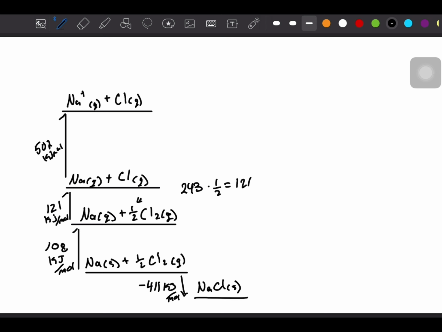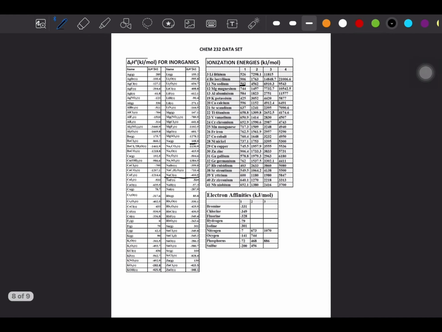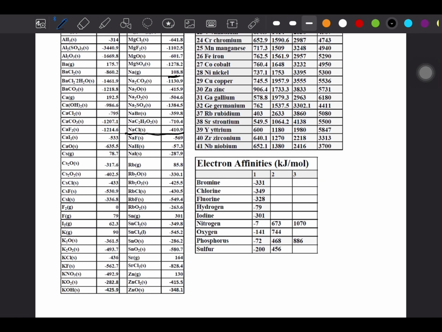The next step is the electron affinity of chlorine. So we're gonna make this line longer and drop it down because this number should be negative. Okay. So for electron affinity of chlorine, we look back at our chart and find chlorine here.